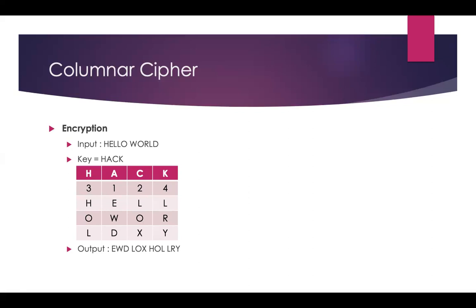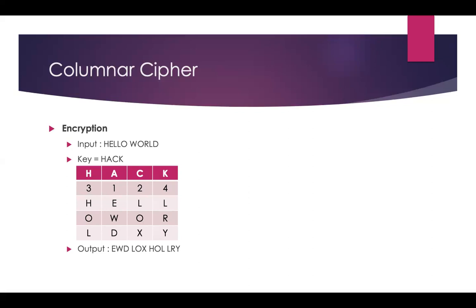All right. Now, after writing the key values, we can include our input inside the table. As I said, the length is 4, so we will have only 4 columns, and we are writing row-wise. Starting from H, you will see HELL.